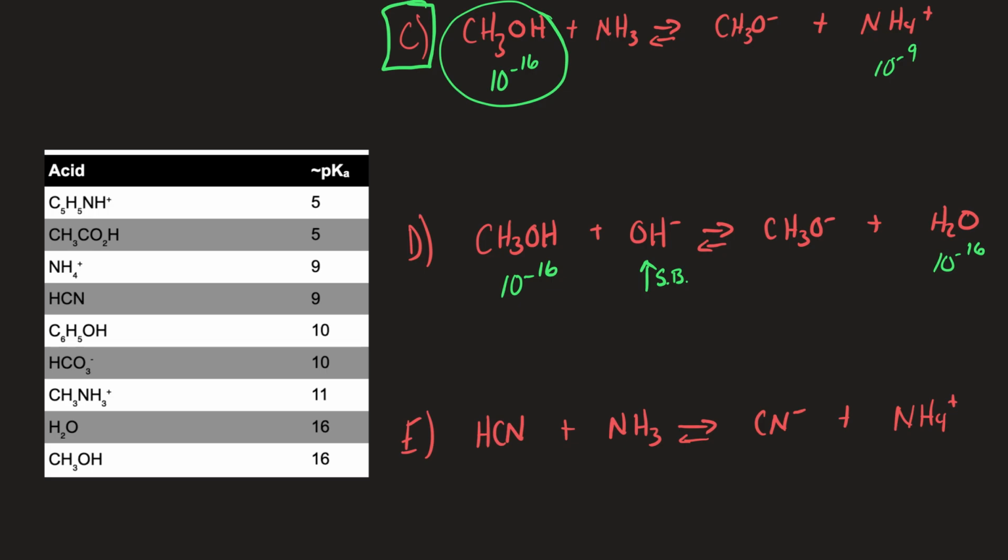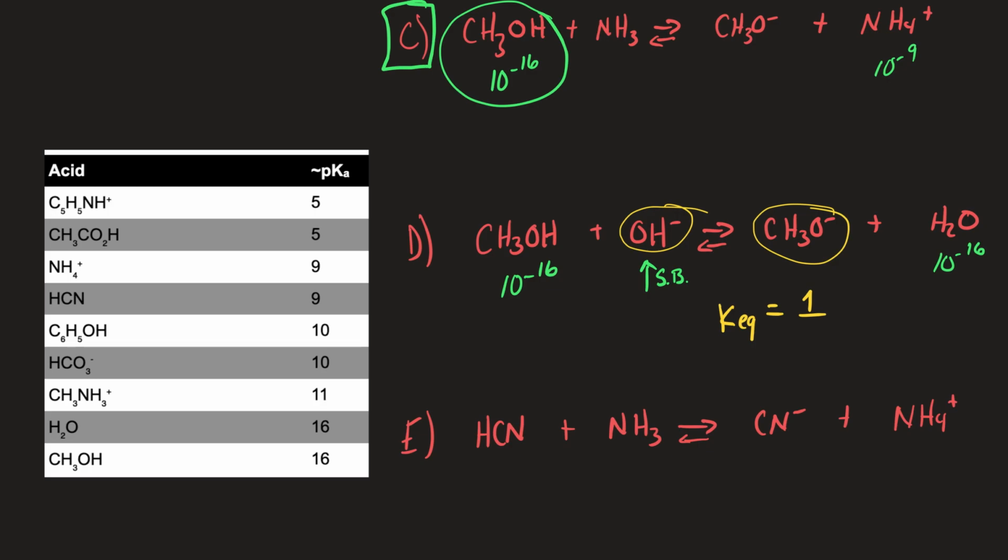We could even go as far as saying that this base and this base are equally strong. If the acids are equally weak, which based on their Ka values they are, then the bases must be equally strong. And so perhaps the equilibrium constant for this reaction is pretty darn close to 1, assuming the Kas are all 1 times 10 to the negative 16 and the Kbs are the same.